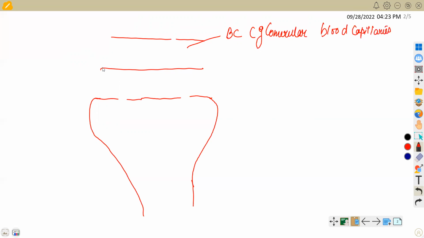The lining of a blood vessel is called endothelium. Since the glomerular capillary is also a blood vessel, its lining is called endothelium.